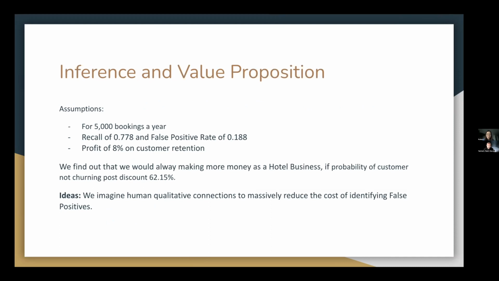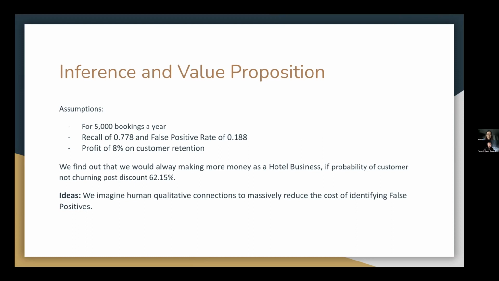From that statistic, we found out that we basically make 8% more profit on revenue if we retain a specific customer. That is mentioned here in the third bullet point in assumptions. We also assume, for the final simulation that we ran, that a hotel has 5,000 bookings to work with in a year.